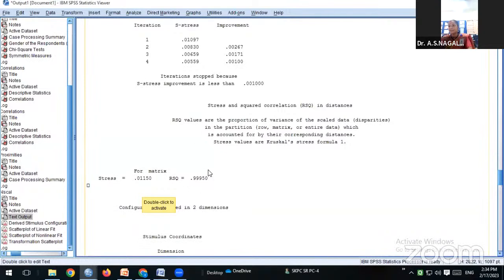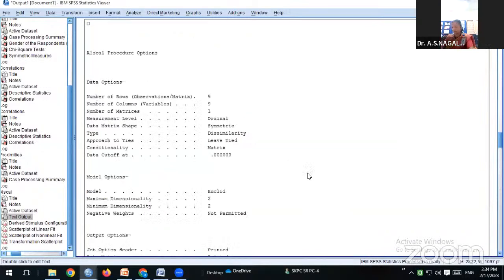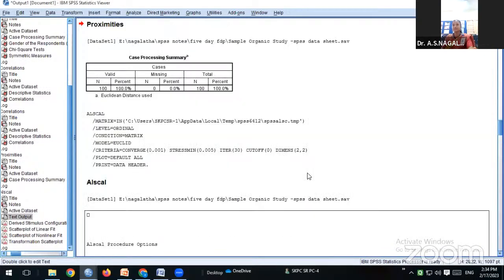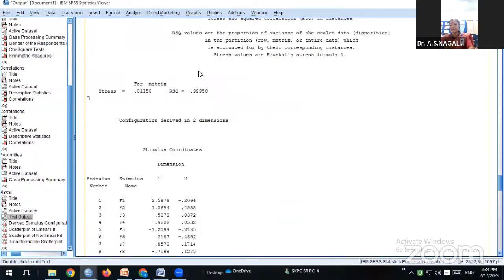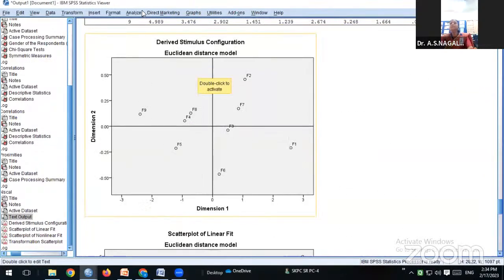And here the fitness is about 0.999. It is near to 1 and the mapping is perfectly fixed. See, normally it is always correlated only. So our picture is here.